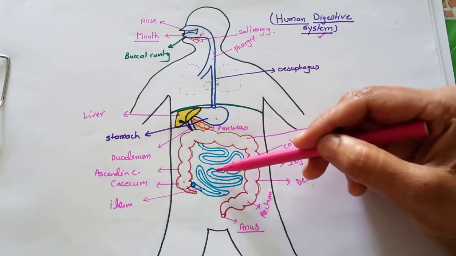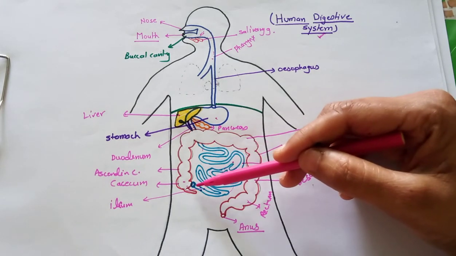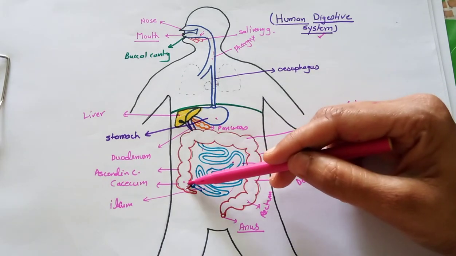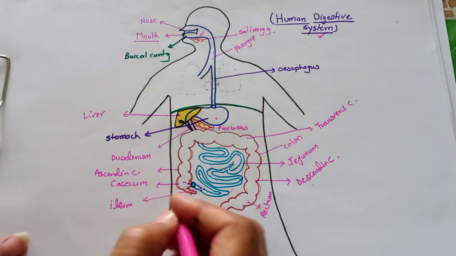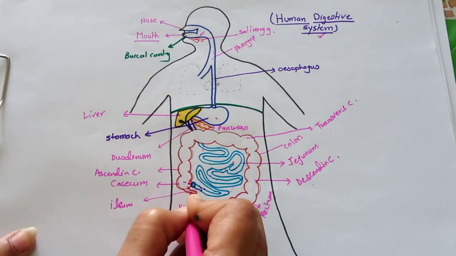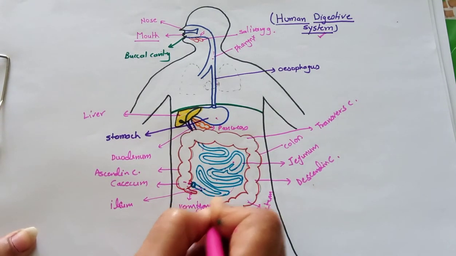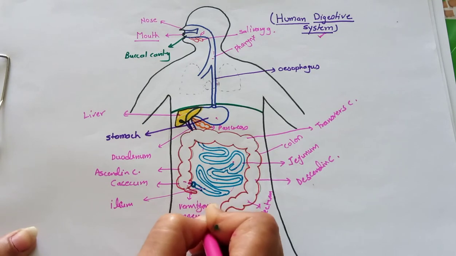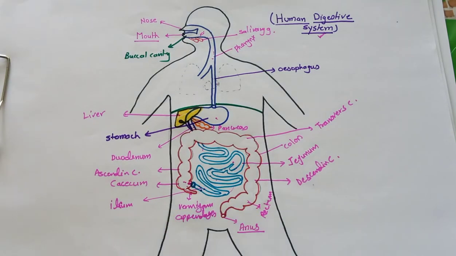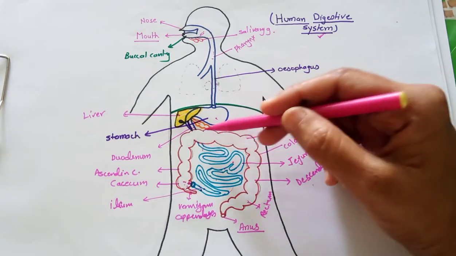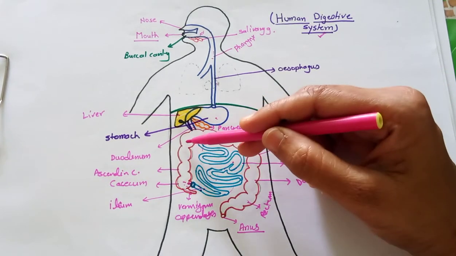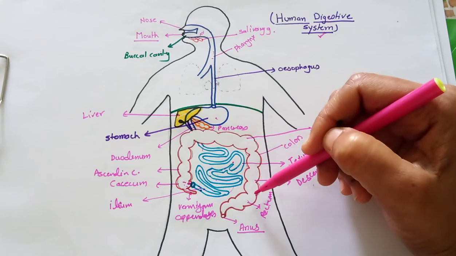This is just like an earthworm structure. The ileum enters your large intestine, the first part of which is the cecum, and this flap-like structure is called the vermiform appendix. Then the cecum enters your colon. This is your complete colon. This is the ascending colon, transverse colon, and that is the descending colon.